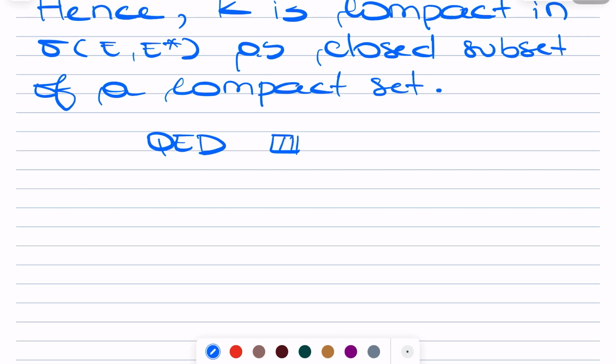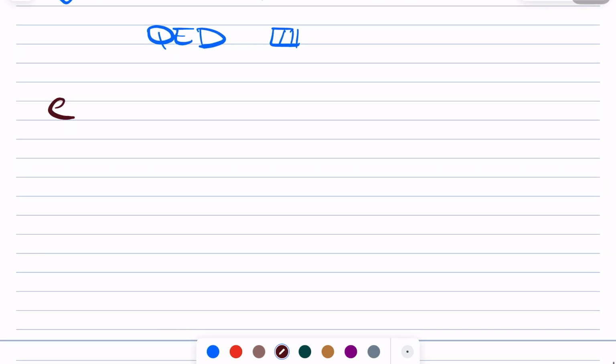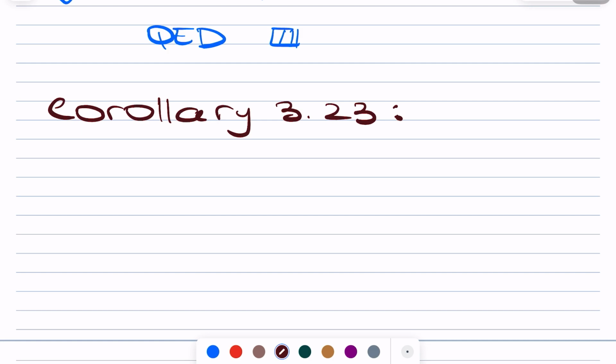So let's have a look at another corollary, which is actually very important for those who plan to, those having knowledge in optimization, calculus of variation, or PDEs. So corollary 3.23, sorry.